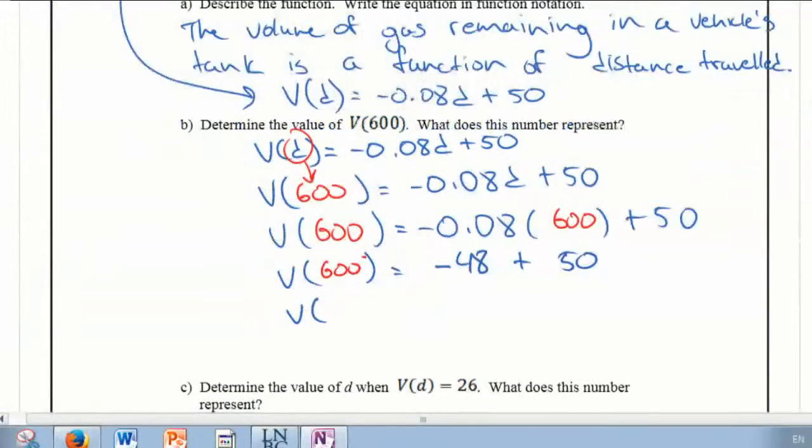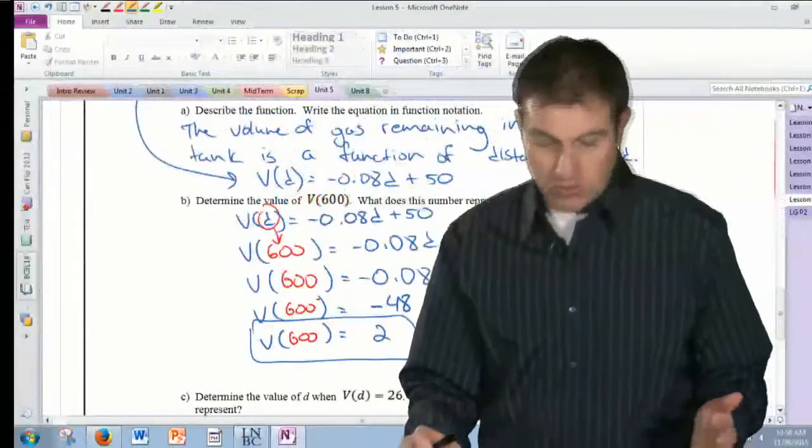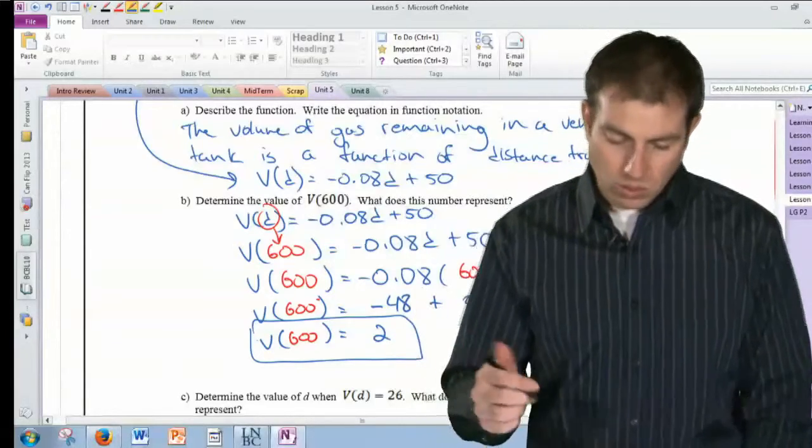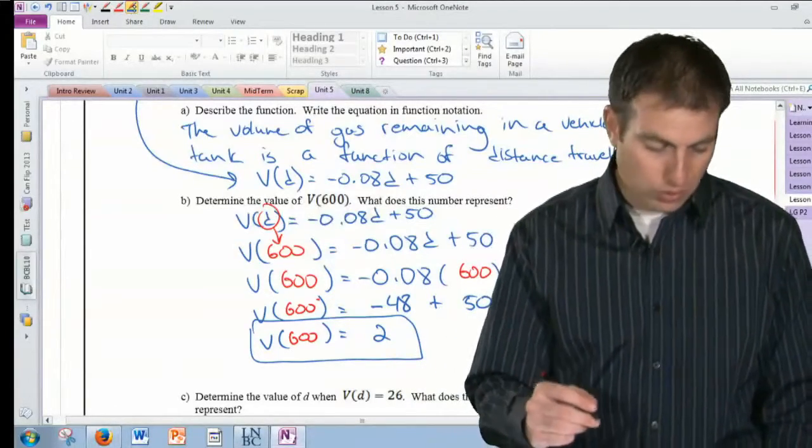So we have the volume of gas in our tank when we've traveled 600 kilometers is equal to 2. And that is the answer. Now, going through it, I believe I was clearly explaining it, so we should probably write some sort of sentence here to demonstrate that we know what's going on, that we know what this value represents.